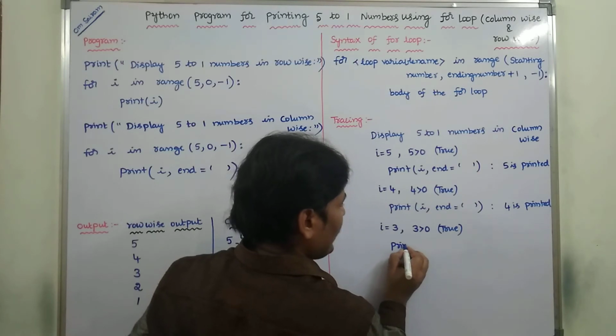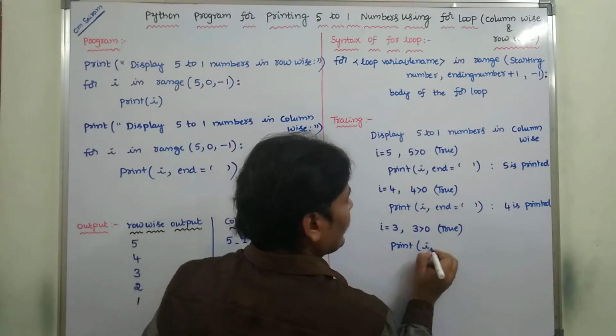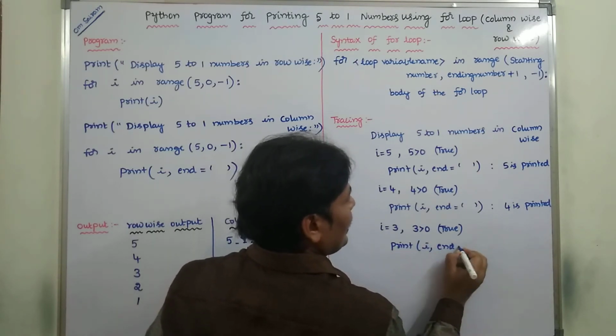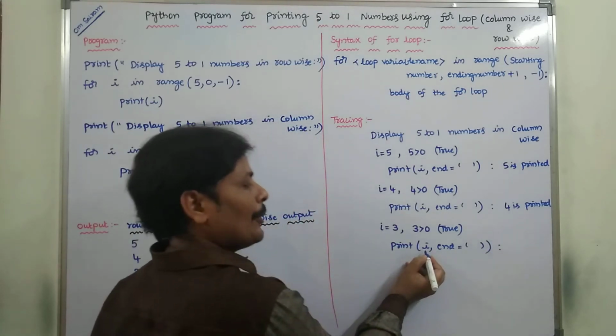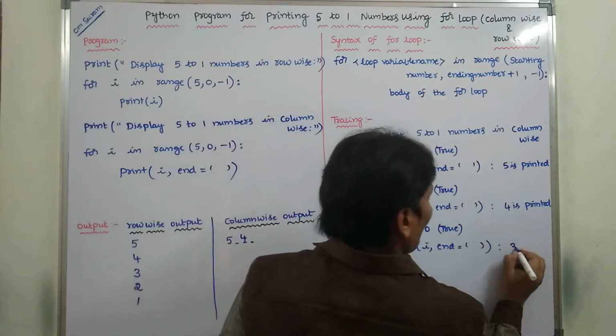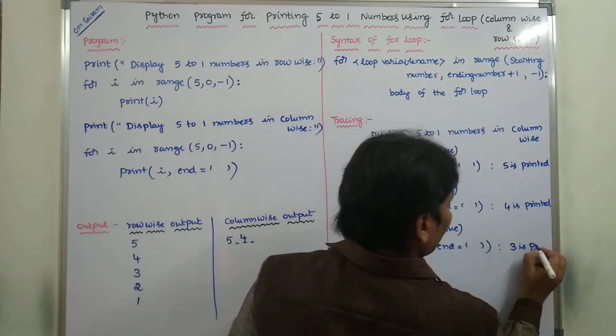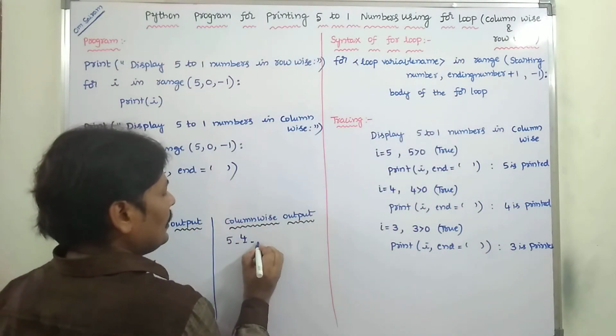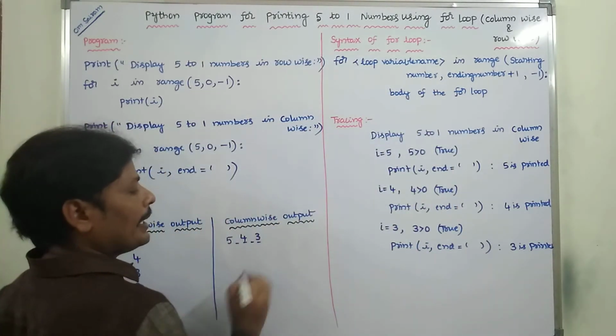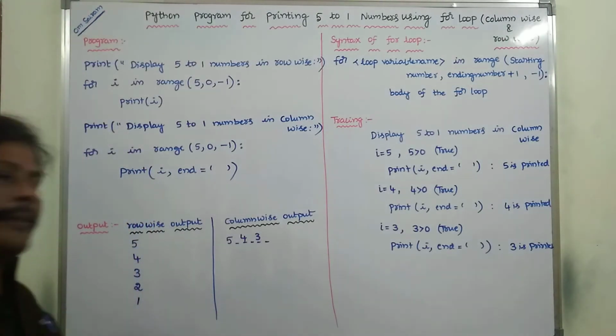So now print(i, end=' '). Here what is the i value? The i value is 3. Now 3 is printed. After printing 3, one space is required.